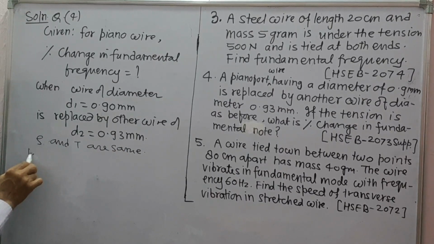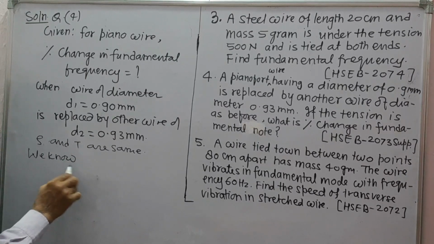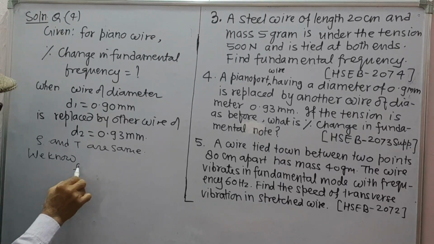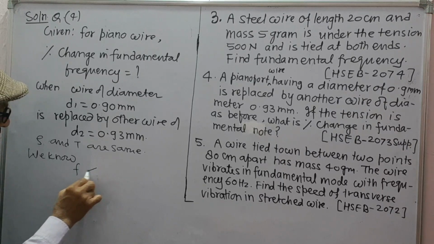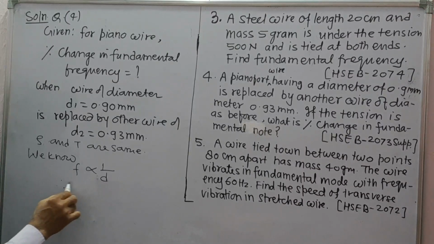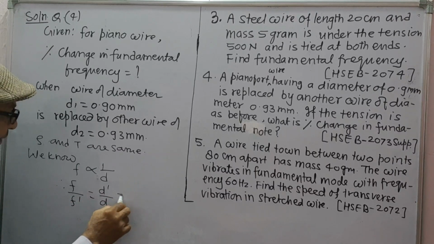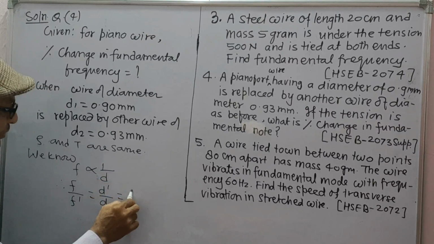We know the fundamental frequency is inversely proportional to diameter. Therefore, F upon F dash will be equal to D dash upon D, that is D2 upon D1.